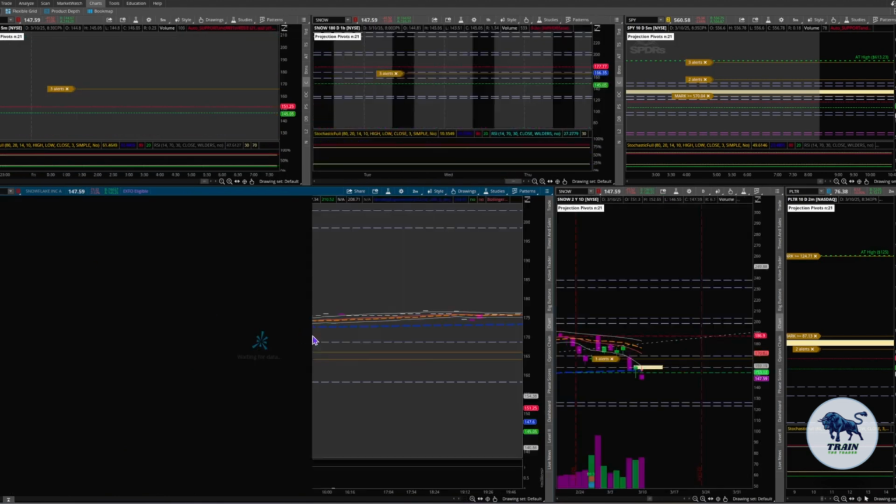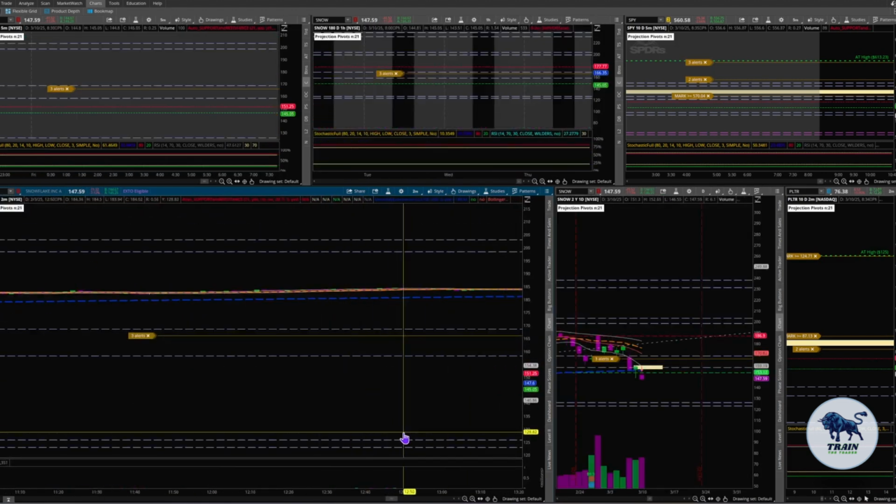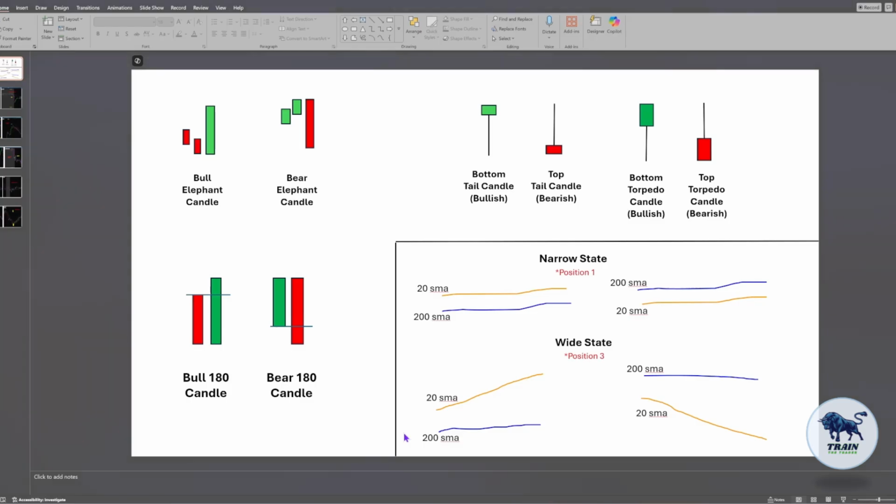Name the pattern that you see. And it don't have to be a bunch. Just focus on these 3. It's either an elephant candle off of the 200. So it'll look something like this. This is a bullish picture. So what we're going to be looking for is something like this. And something like this.